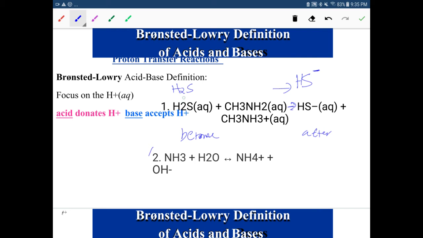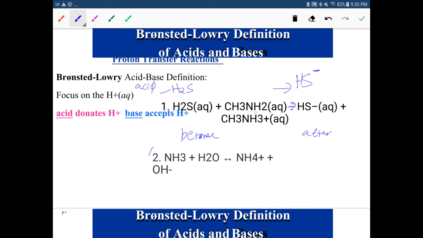So H2S becomes HS minus. H2S lost an H to become HS minus, telling you a hydrogen ion was lost, a hydrogen ion was donated. Therefore, H2S will be the Bronsted-Lowry acid.